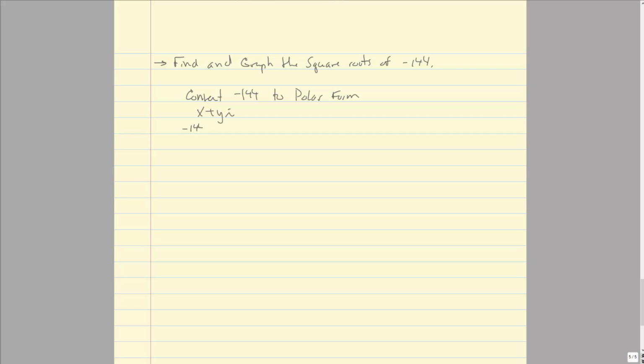So x in this case is negative 144 because it does not have a factor of i. So x is negative 144, y is equal to 0. So now we want to graph this, and we're going to be right in between 2 quadrants. So negative 144 we'll say is right here. So I'm going to be right in between quadrant 2 and quadrant 3. Okay? So that's my first step.